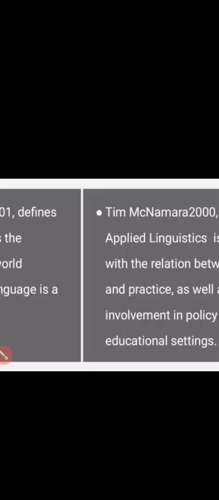McNamara, 2000, states that applied linguistics is concerned with the relation between theory and practice, as well as the field's involvement in policy and educational settings.